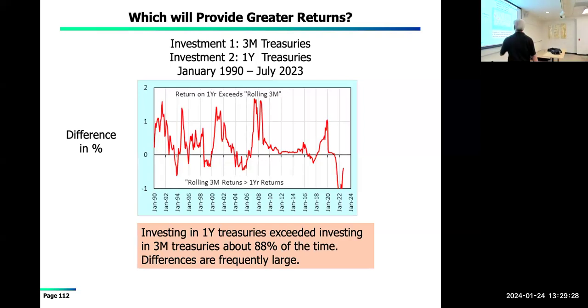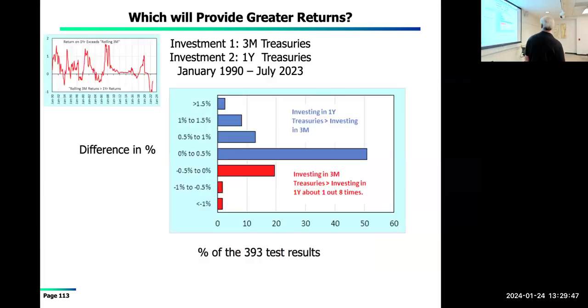And the answer is, it varies. Sometimes 1 year is better. Sometimes rolling 3 months is better. If it looks like this, what does that tell you about what you're going to be able to do in terms of thinking about maturity investing and interest rates?